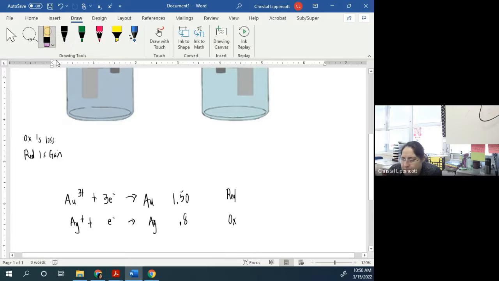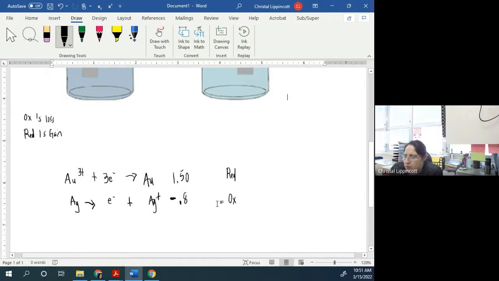So I'm going to flip this guy. I'm going to have Ag here. It's going to give off an electron, making Ag+. But if I do that, I need to flip the sign negative on this one. Okay? Everybody cool with that?